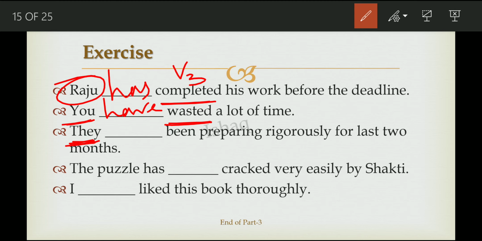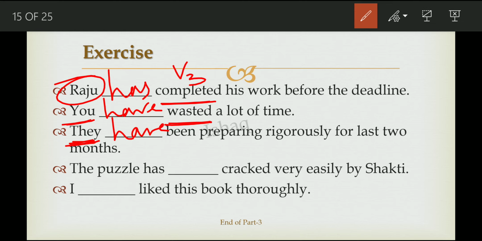So they have been preparing rigorously for the last 2 months. This situation we have been facing for the last 2 months is a very advantageous time for you. The guys who are preparing rigorously will definitely crack the upcoming exam, right? So the answer here will be have.